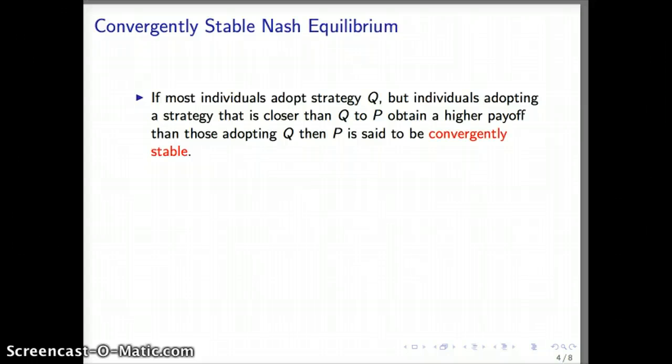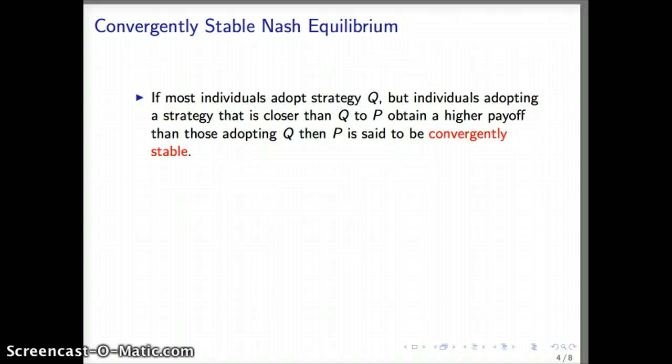Now we want to enhance the notion of convergent stability, and this is phrased with the following wording. If most individuals adopt strategy Q, but individuals adopting a strategy that is closer than Q to P obtain higher payoff than those adopting Q, then P is said to be convergently stable.